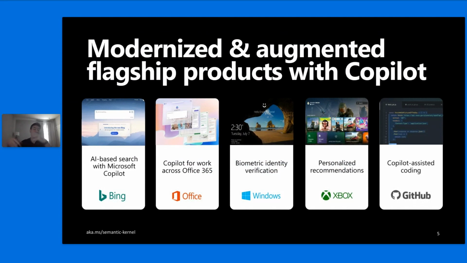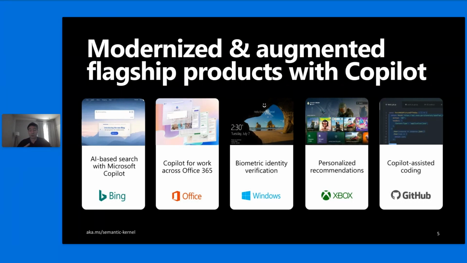In Excel, you have functions, everything. In Windows, you have Copilot on the screen, and you're gonna have Copilot to do a lot of things in Windows. I think we're gonna use it in the command line, we're gonna use it everywhere. In Xbox, you can use it for recommendations.